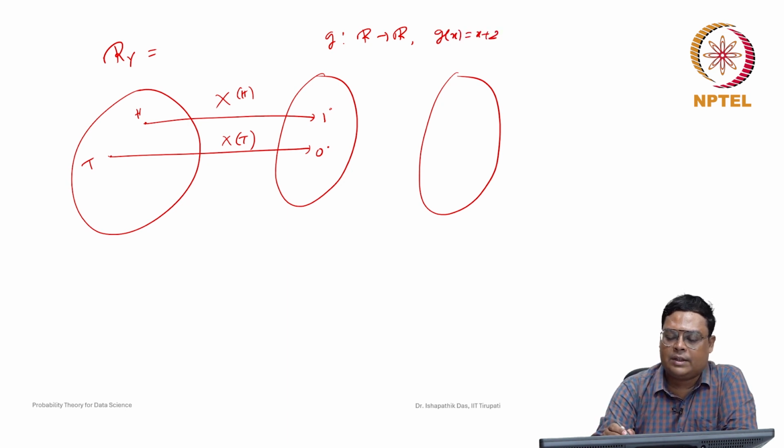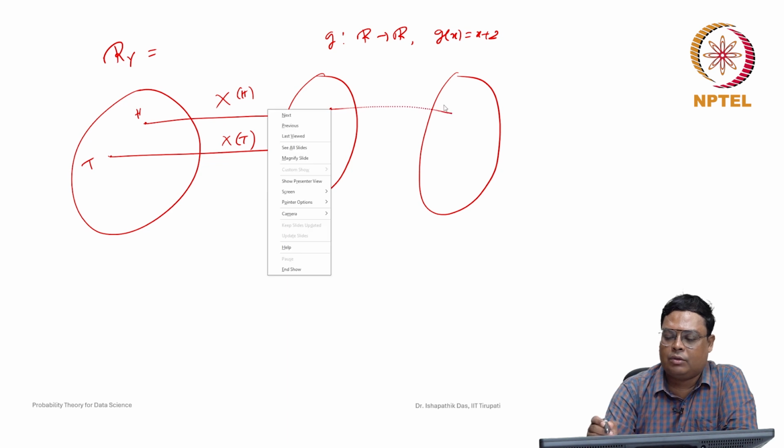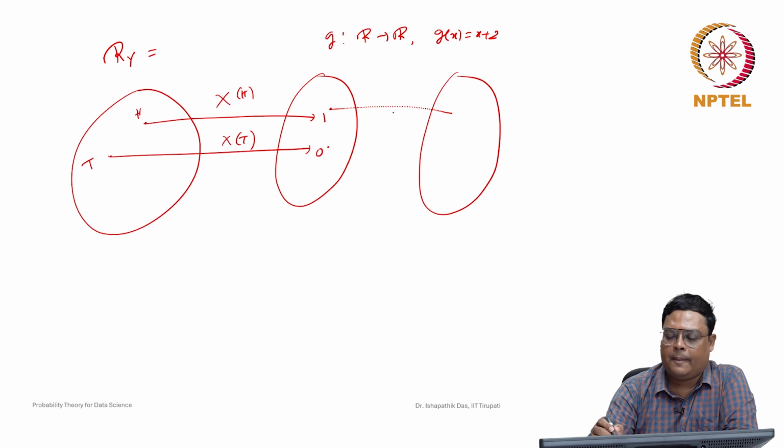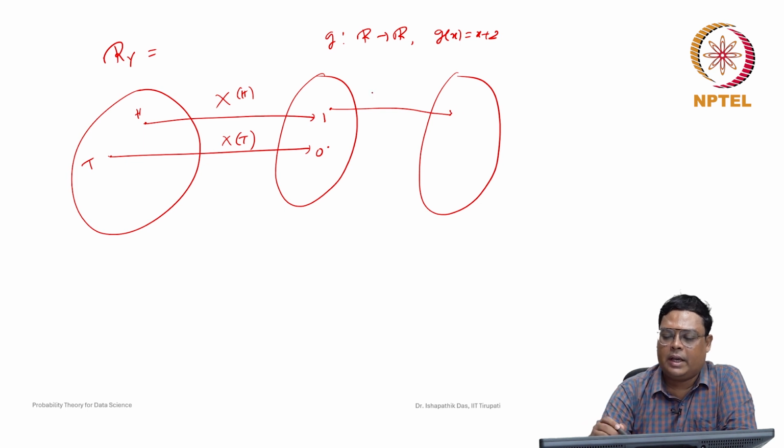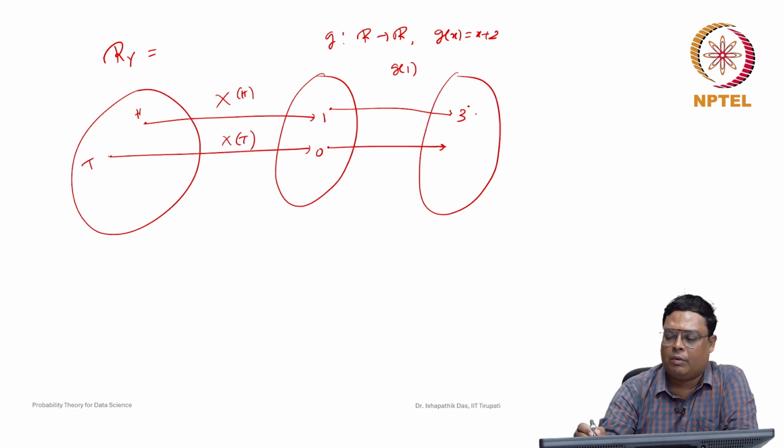So g of 1 is 1 plus 2, which is 3, and g of 2 is 2 plus 2, which is 4.